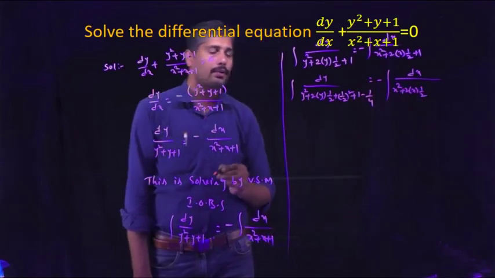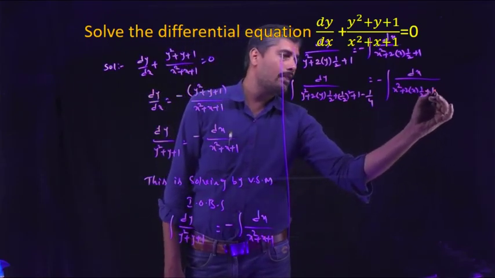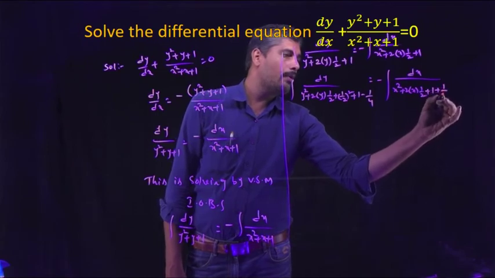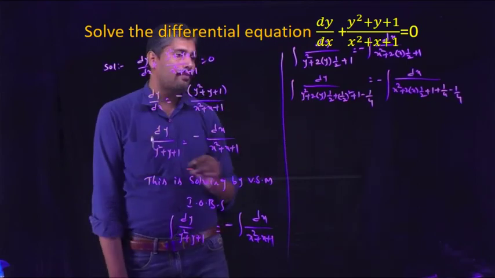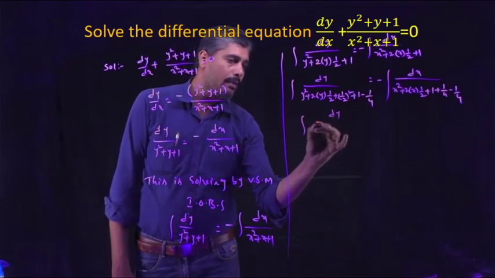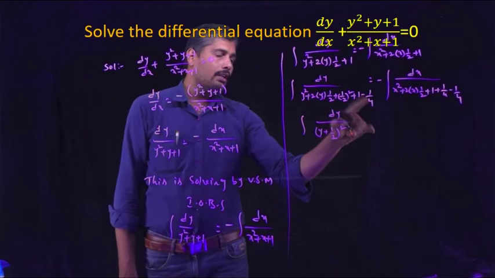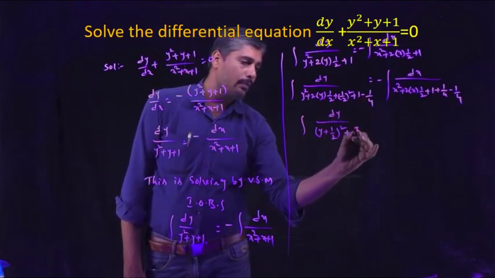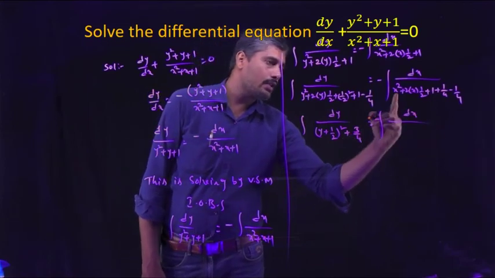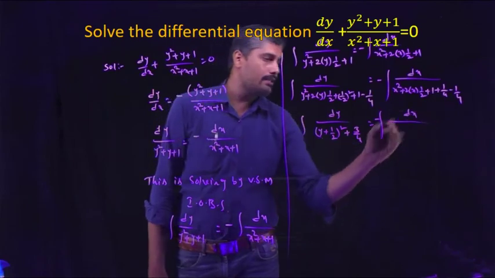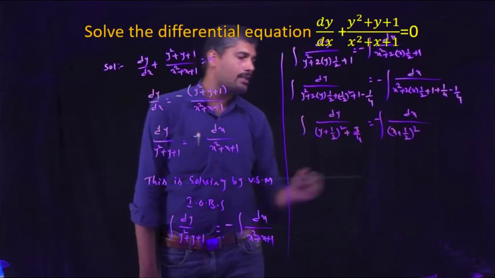Here b is 1 by 2, but b square is not there, that's why we are adding and subtracting: plus 1 plus 1 by 4 minus 1 by 4. a square plus 2ab plus b square is (a plus b) whole square, so dy by (y plus 1 by 2) whole square. We know that 1 minus 1 by 4 equal to 3 by 4. That is minus integral dx by, here also the same, a square plus 2ab plus b square, that is (x plus 1 by 2) whole square. The remaining part, 1 minus 1 by 4, is 3 by 4.